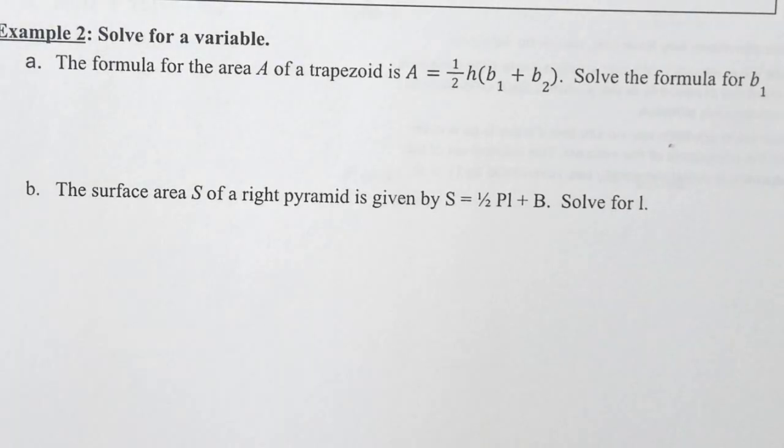So for example, this one is finding the area of a trapezoid. Does that look familiar from last year? So this was base 1 plus base 2 times the height times the half. That's how we find the area of a trapezoid. So let's say that's our formula, because I mean, it is a formula.